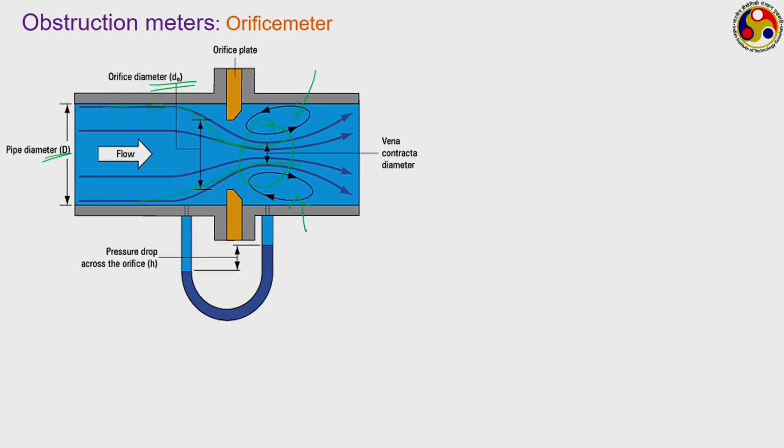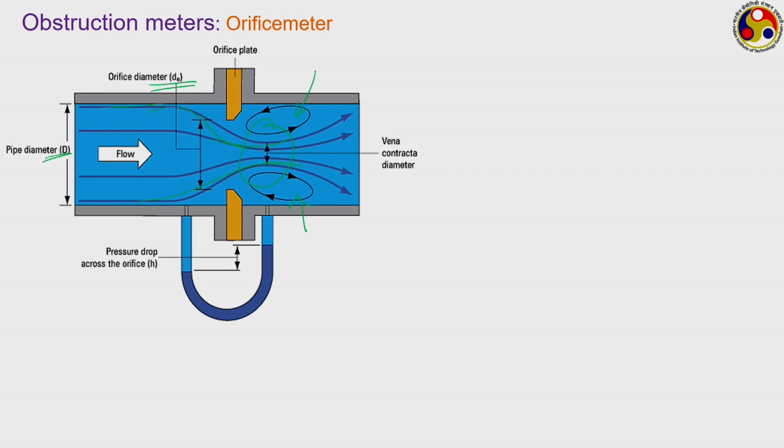But we have to measure the pressure drop across this. So, there will be two pressure tappings put on either side of the orifice plate. Their position may change depending upon the configuration of your orifice meter. In case of an orifice meter, we generally go for the measurement based upon the vena contracta.